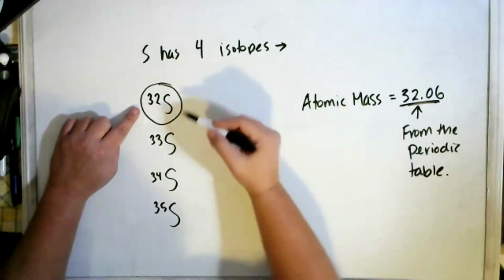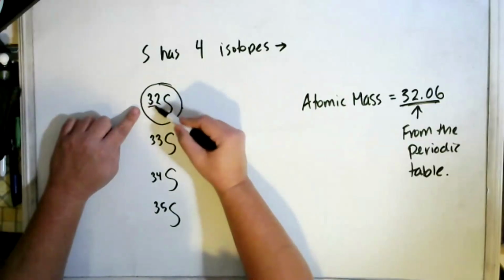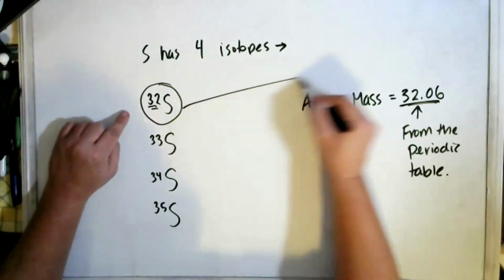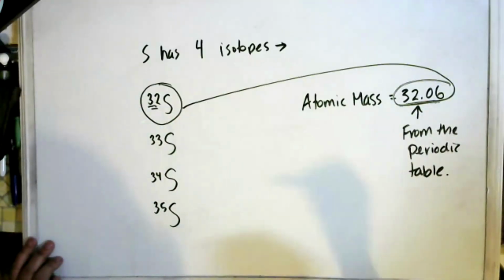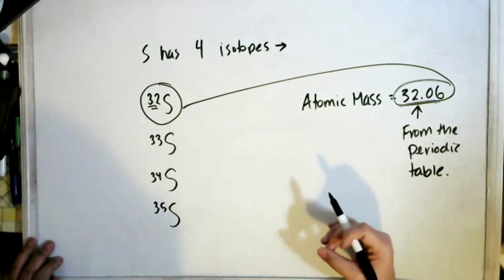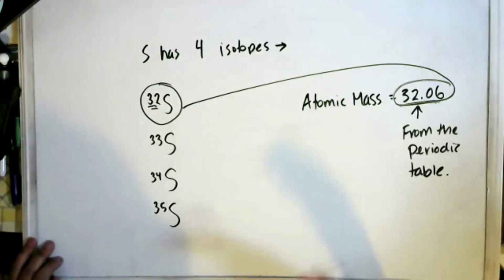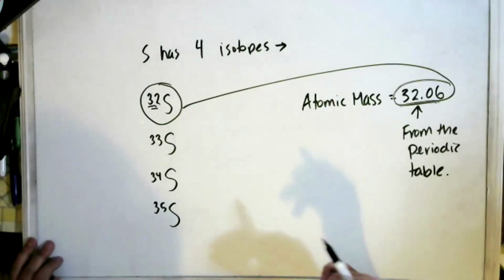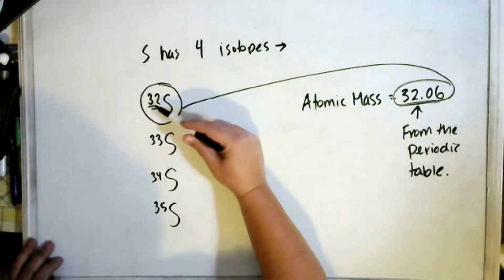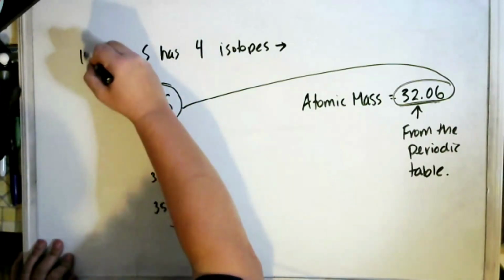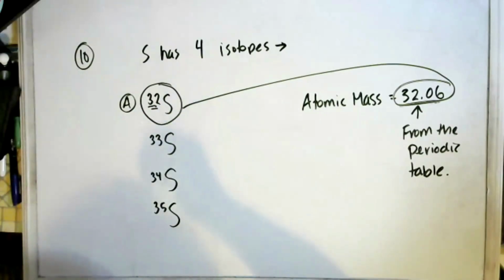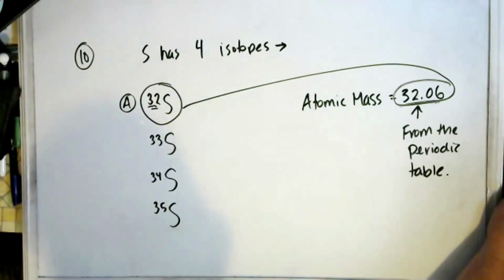Whichever isotope has a mass number closest to your periodic table atomic mass is going to be the most abundant in your samples. So in this case, it's sulfur-32, which is choice A. All right. Next question.